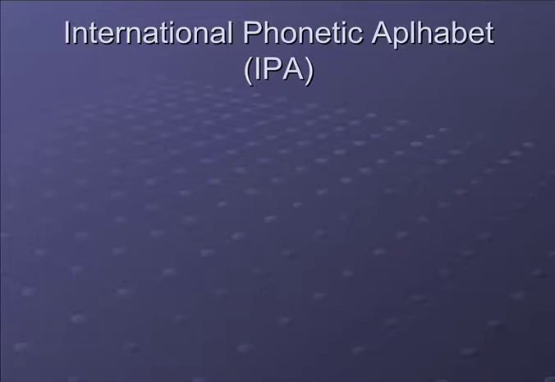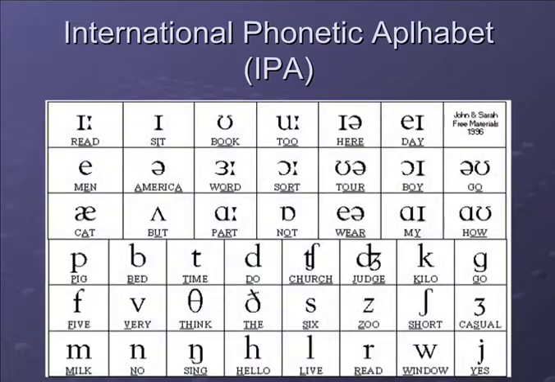The International Phonetic Alphabet consists of many different kinds of symbols, and these symbols are used to describe all the sounds that can be made in our mouths for all the languages in the world, at least the ones which have been studied, of course. For English, we need 44 phonemes, and here are the 44 phonemes.